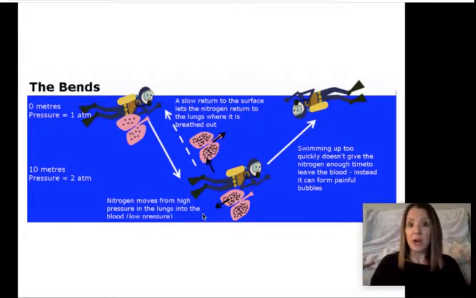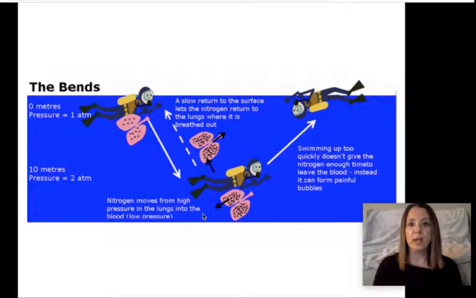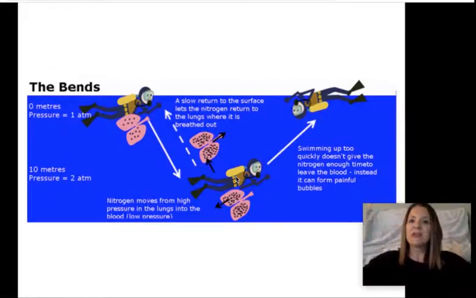So a greater amount of gas from the scuba tank that's being breathed in gets dissolved into our blood. Now, if the scuba diver comes up too quickly, the pressure acting on that scuba diver lessens because as we go up in altitude, there's less pressure acting on us.